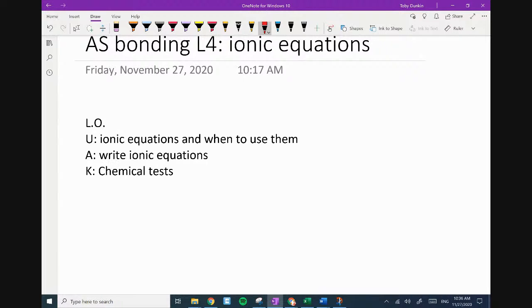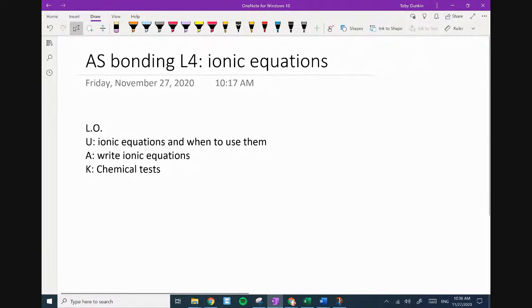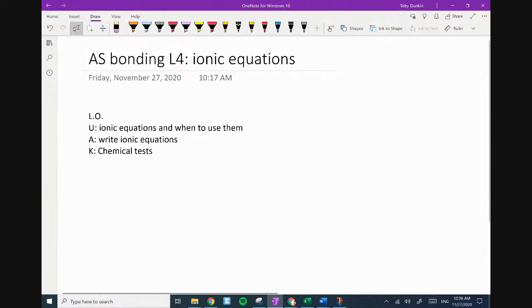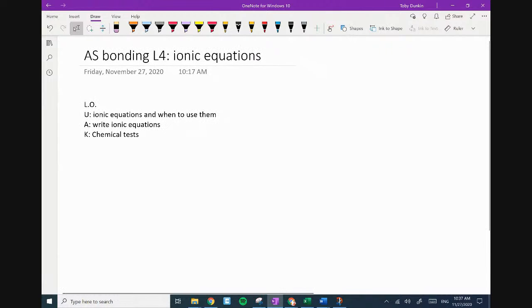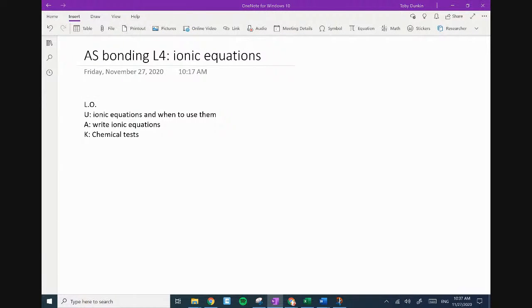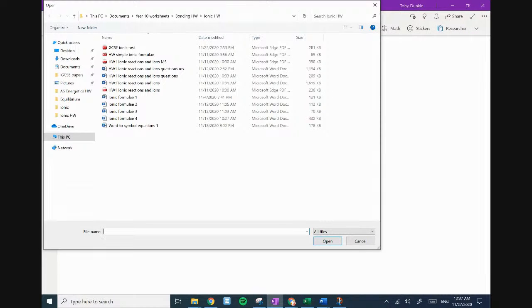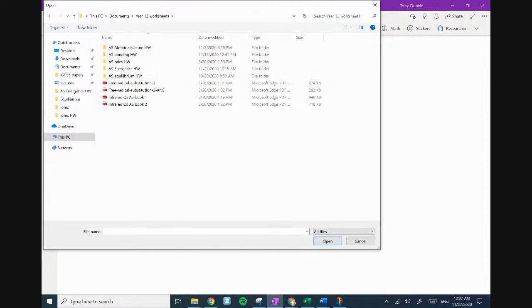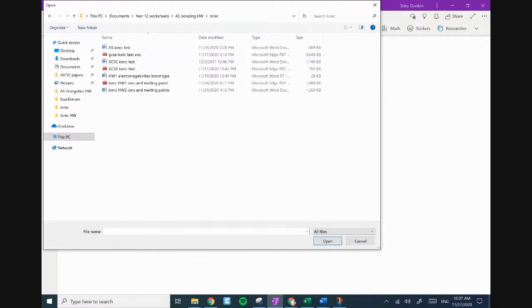Aisha has some questions on the Ionic bonding homework. Okay, so Aisha, would you like me to do the Ionic bonding homework before I do the Ionic equations? I can do that. We can insert this. So insert, print out. I gave you an Ionic homework, which I think, documents, year 12, bonding, Ionic.